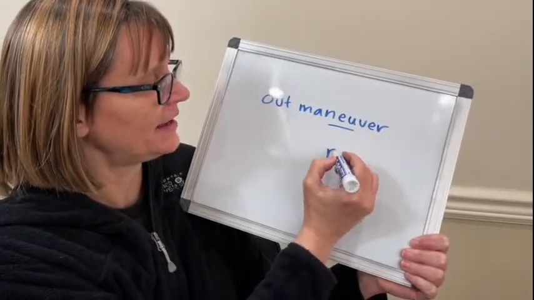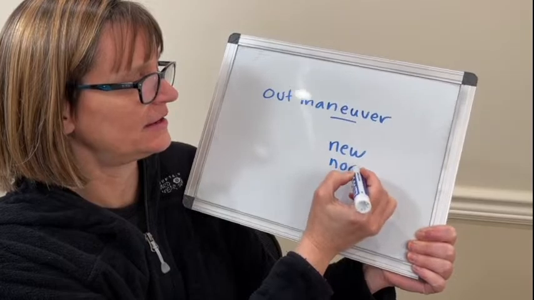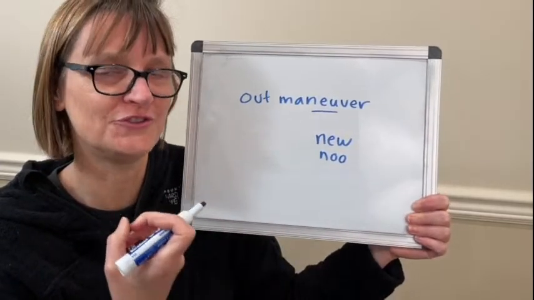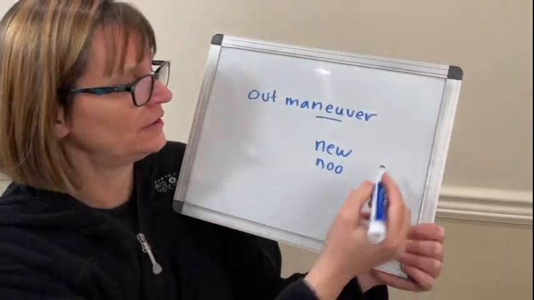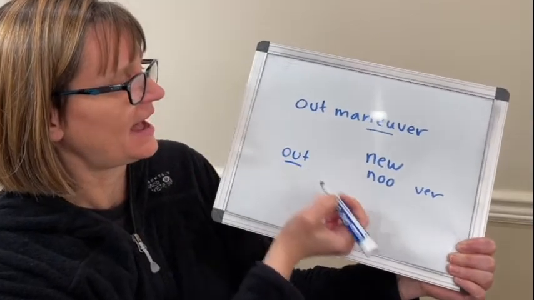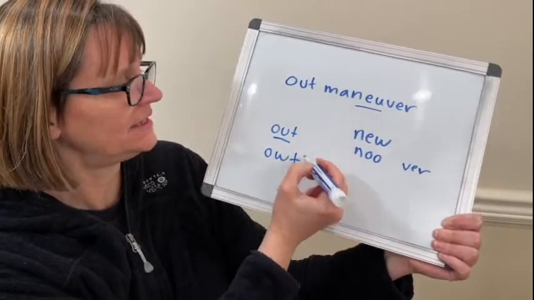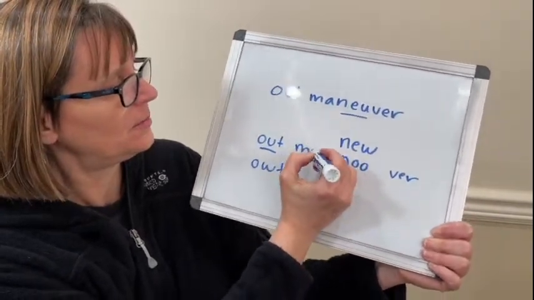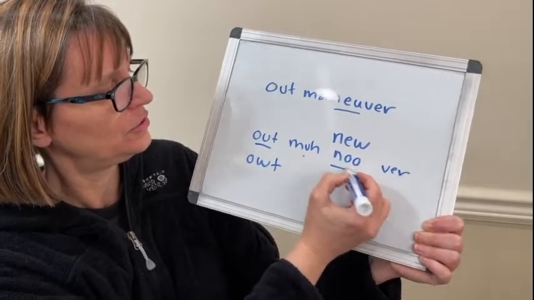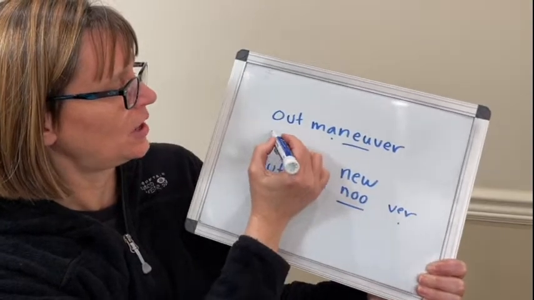Thinking of that like the word new. And in American English, we say that with an oo, no glide, not new, but new, neuver. There's going to be a little secondary stress on the out syllable. You might think about that like ow and a T, out, maneuver. So this letter A is going to be a vowel schwa.